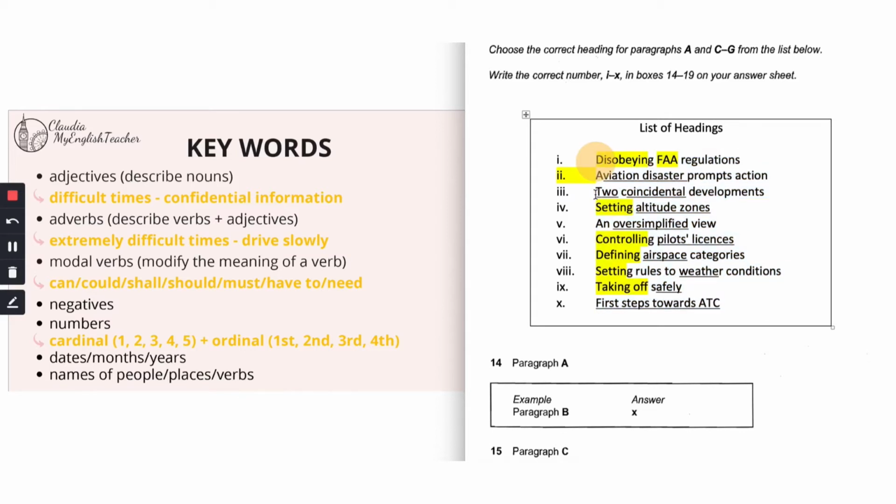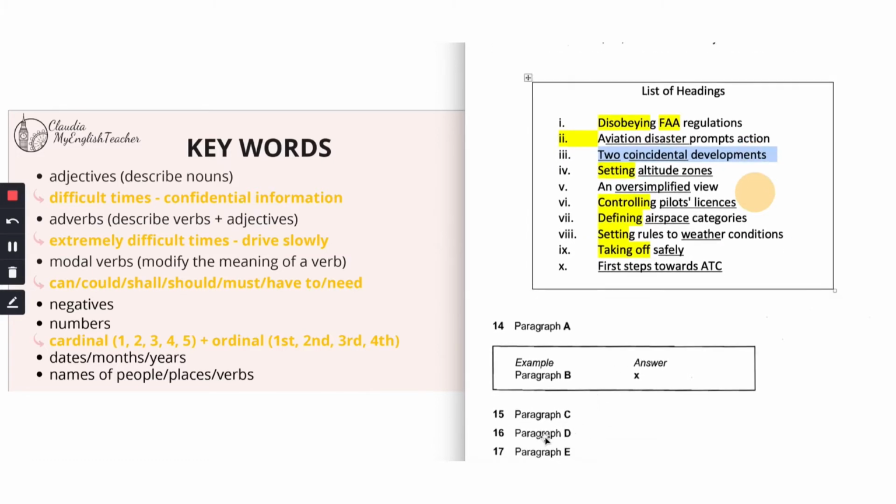Number 3, no, it can't be. In that way, your mind gets used to all the options. And by the time you get to, let's say, paragraph D here, which is question number 16, you become familiar with all the options, which will help you choose the right one.